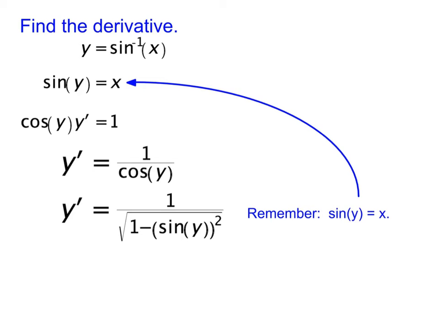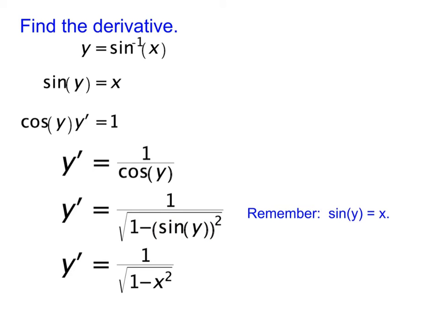So down here in my equation, where I have sine of y, I can replace that sine of y with x. And so we then are able to boil it down to an equation that is y prime equals this in terms of only x. Notice we no longer have to deal with that y sitting in there. It's just in terms of x.